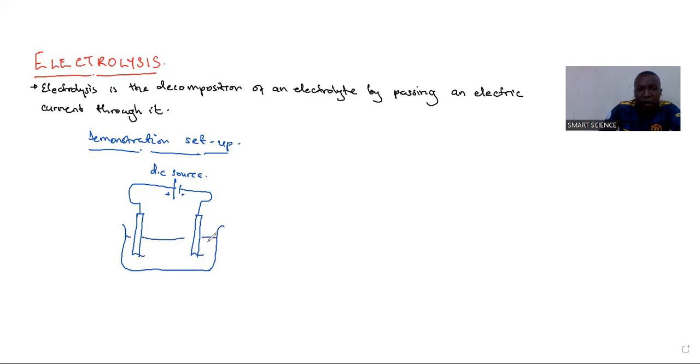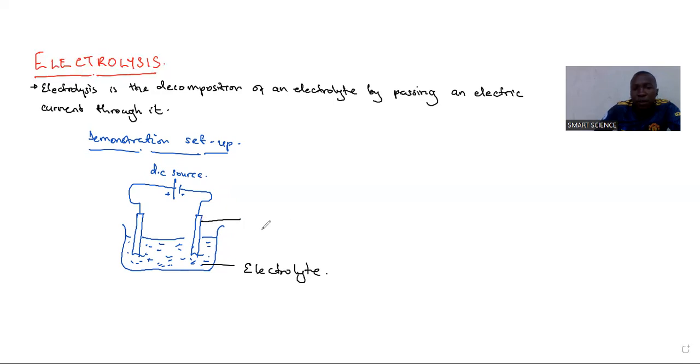Then we shall have a liquid, an aqueous solution, and this aqueous solution we shall call the electrolyte. So the moment you continue passing an electric current through this liquid, it will decompose, and the entire process will be called electrolysis.